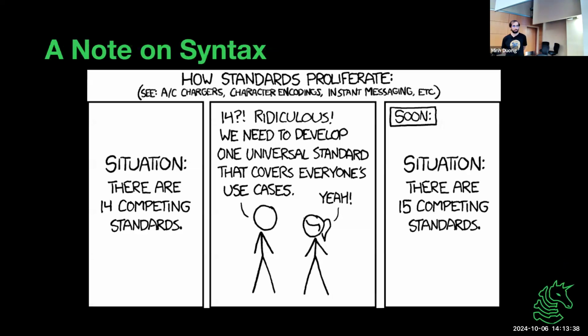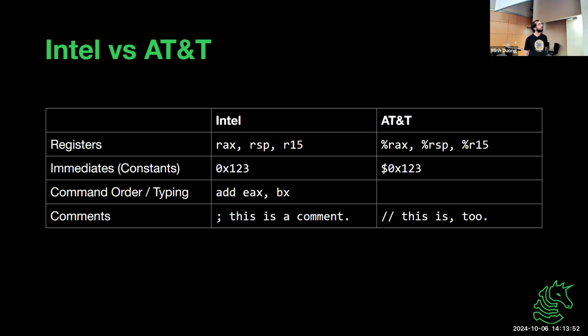And so a quick note on syntax: for x86, we have the Intel and the AT&T syntax. So we'll look at that here. You don't really need to know the exact translations or anything like that. It's just good to note that there is a different syntax for AT&T.